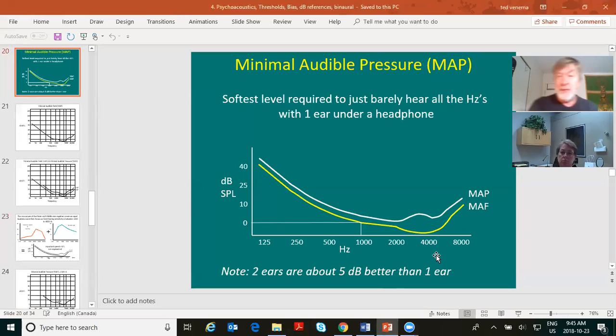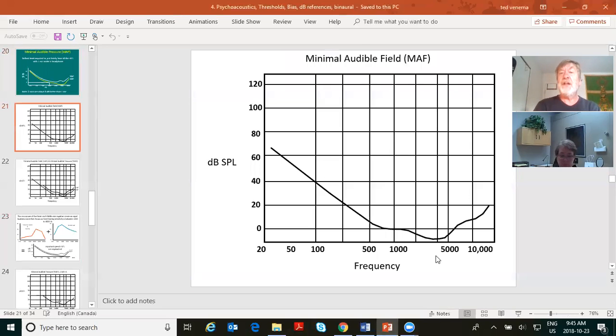But at any rate, looking over here, this is another picture of minimal audible field. Note how the curve goes below 0 between 2 and 5,000 hertz. Look at that. Notice how it is at 0 for 1,000, because that defines 1,000. That defines 0 dB SPL.